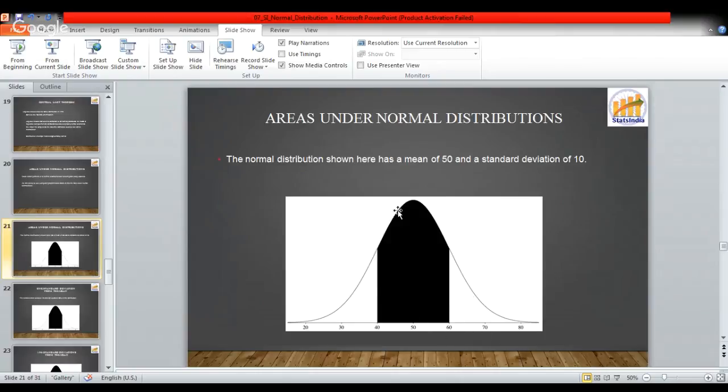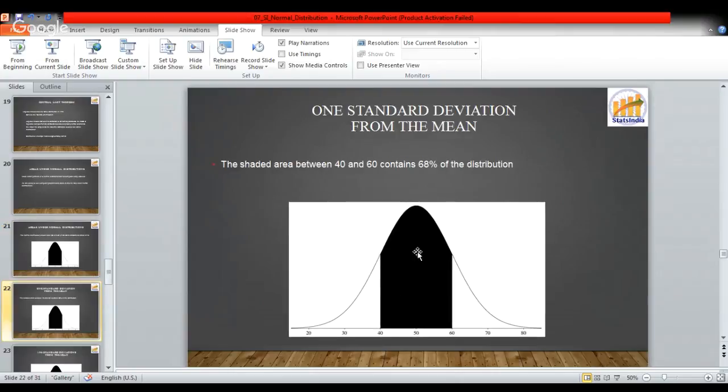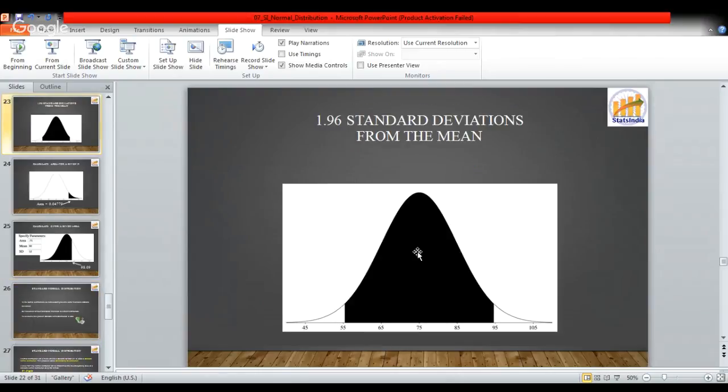So this range, consider the black part, consists of 68.27% of the observations of the distribution having mean 50 and standard deviation 10. Now suppose instead of 1 SD, we take 2 SD, then it contains 95.45% of the observations.